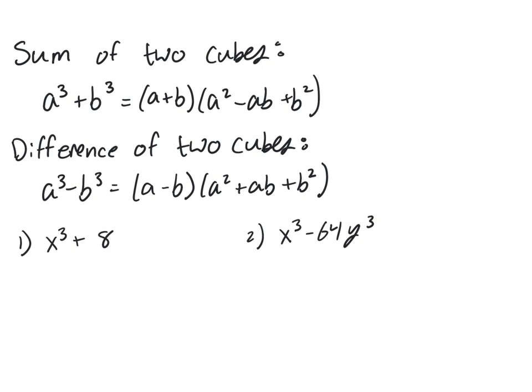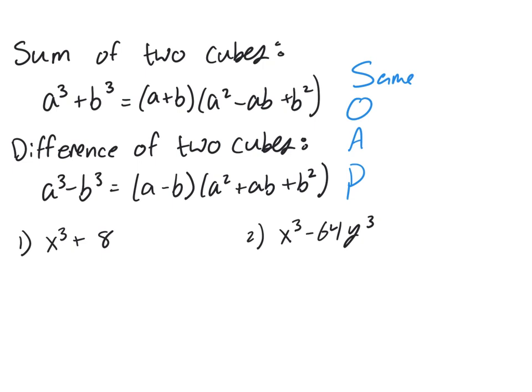So the formulas are essentially identical except for the signs, and a shortcut to remember that is the acronym SOAP. It stands for same, opposite, always positive. The first sign is always the same as what the original binomial had.